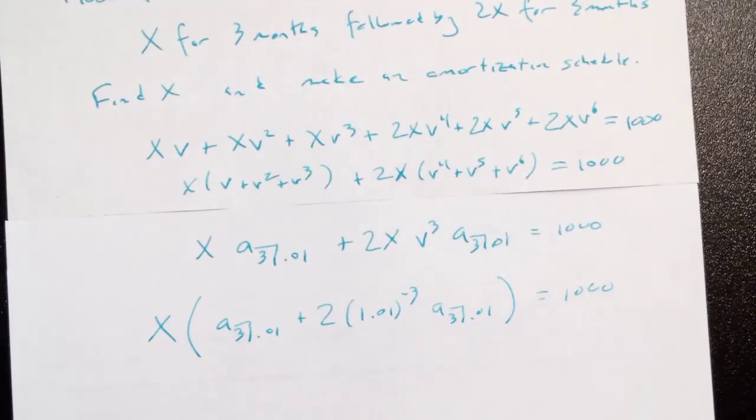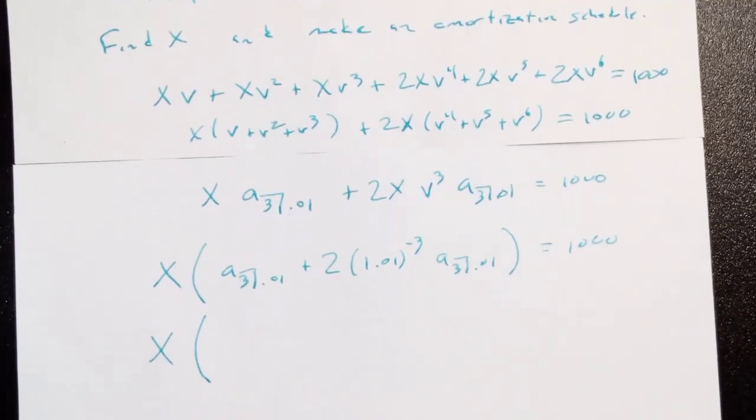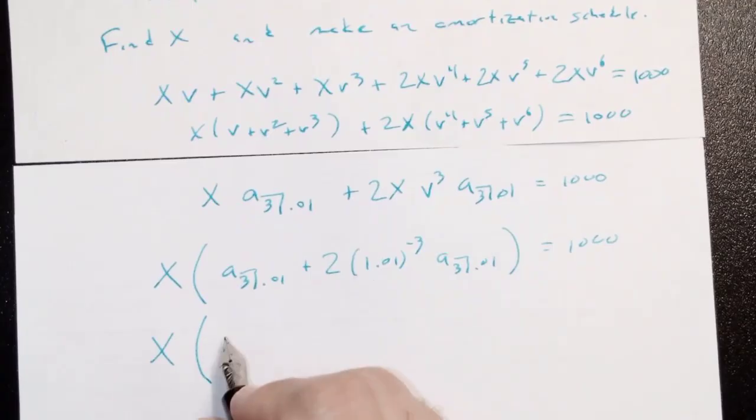How do I do A3 at 1% again? One minus v to the n, so 1, yep, yep.